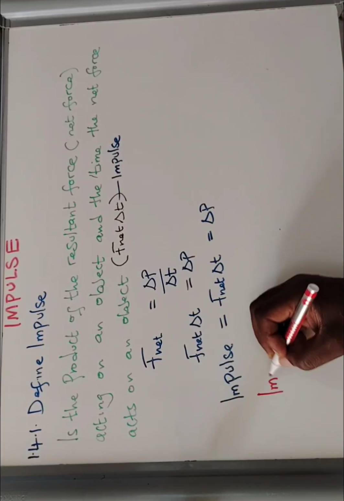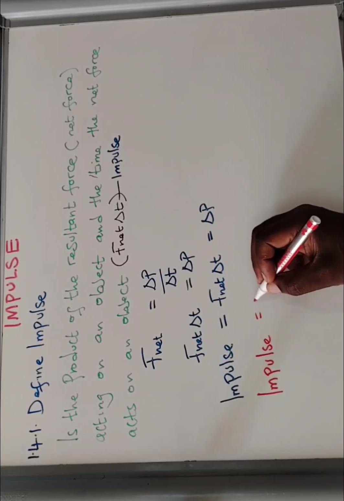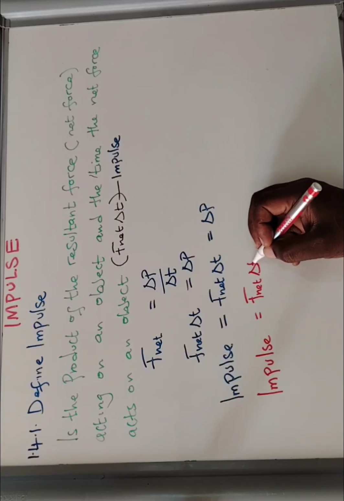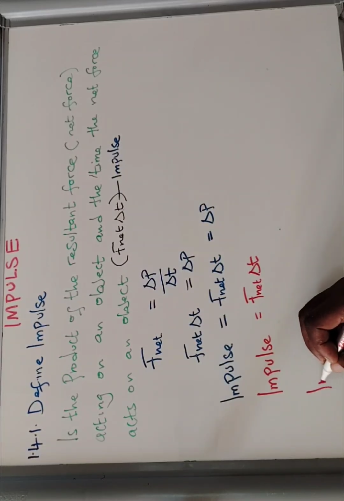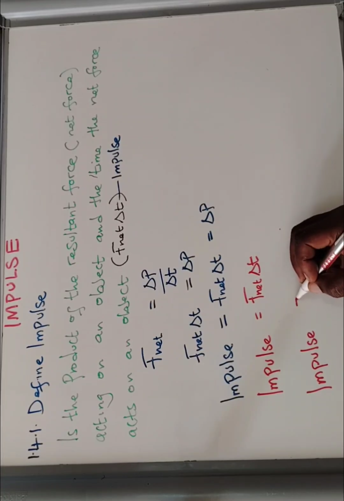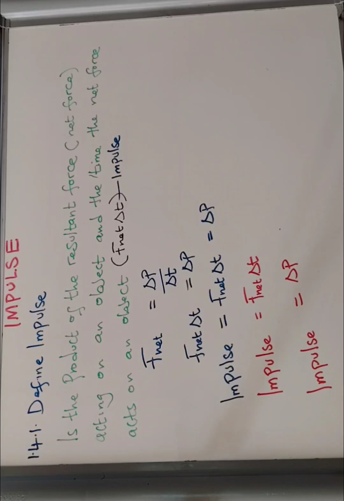You can say impulse is equal to F net delta T, or you can say impulse is equal to delta P, and we choose the equation in accordance to the data given.